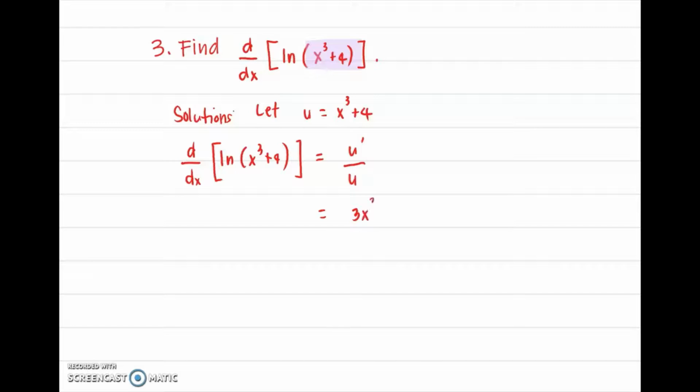So we have 3x squared over u, which is x cubed plus 4. And since our answer is already in its simplest form, this is already our final answer. Meaning to say, the derivative of the natural log of x cubed plus 4 is 3x squared over x cubed plus 4.